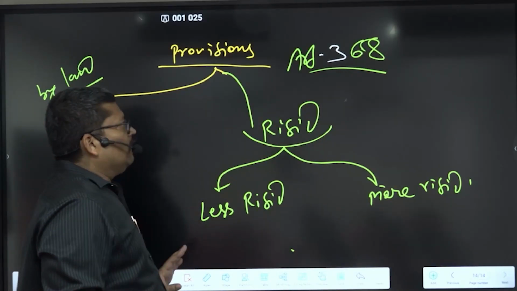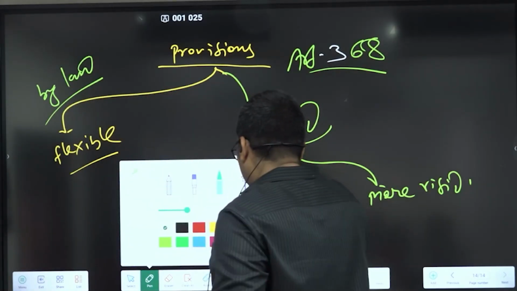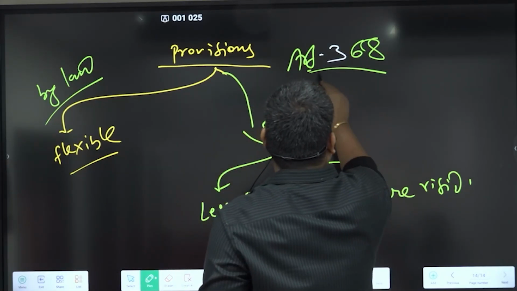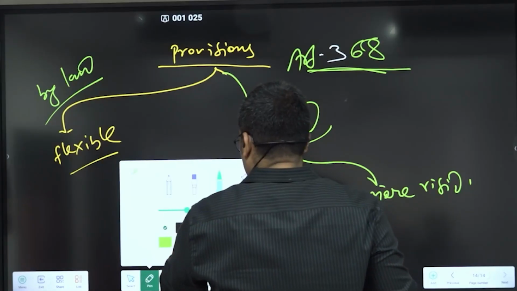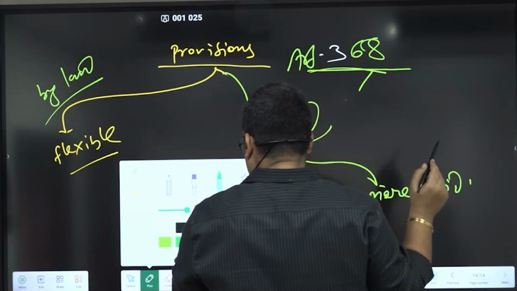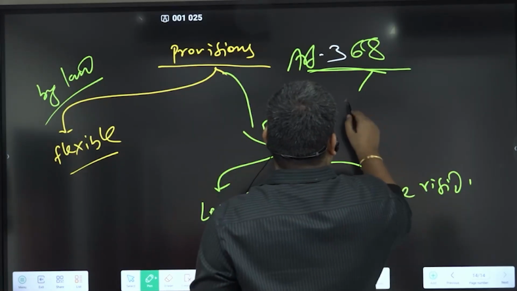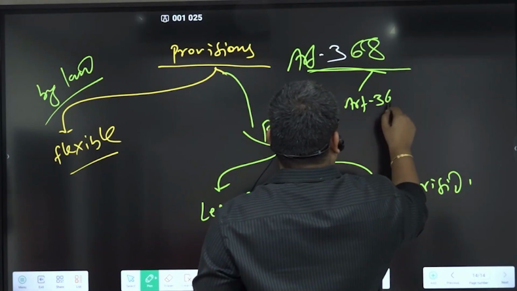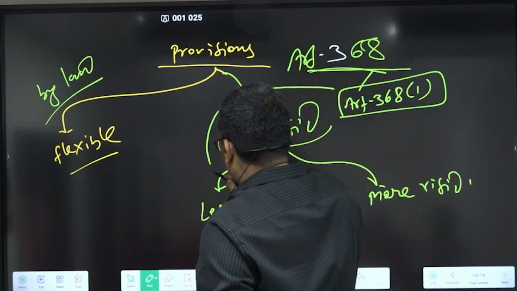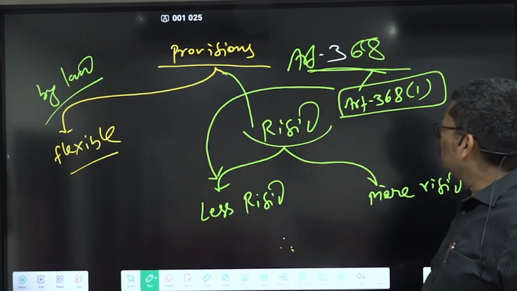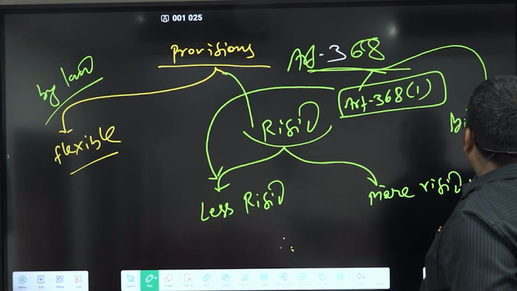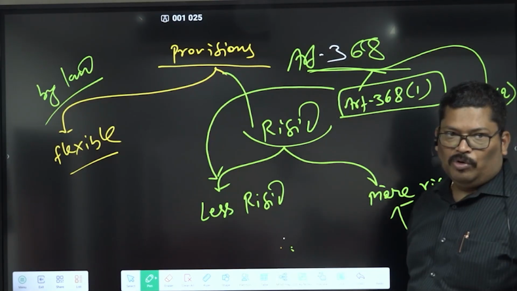Yes. Look, under Article 368, what's happened? Article 368 Clause 1 tells us about how to amend less rigid provisions, and at the same time Article 368 Clause 2 tells us about how to amend more rigid provisions.